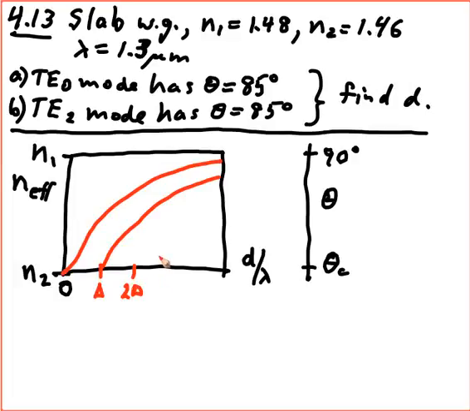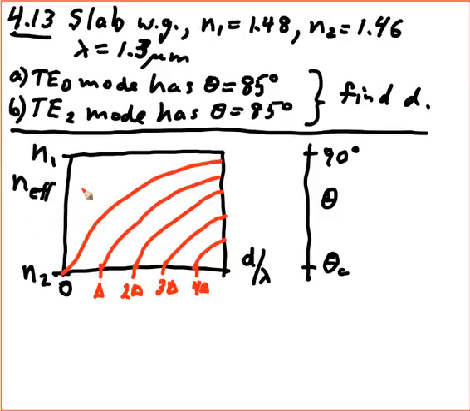The cutoffs are evenly spaced along this horizontal axis: 3 delta, 4 delta, and the mode plot looks like this. And so for a given ratio of d over lambda, it allows us to read not only how many modes there are, but what their effective indices are.